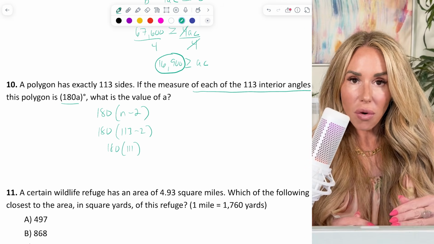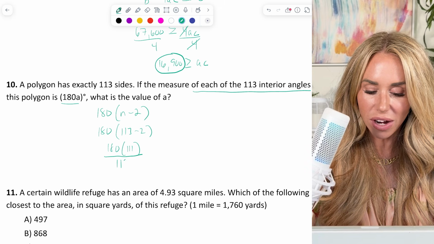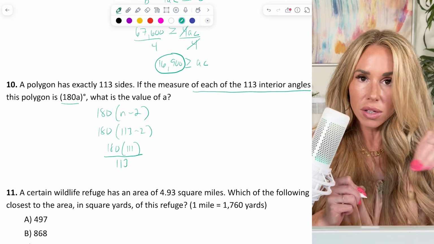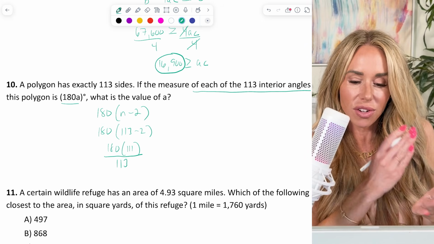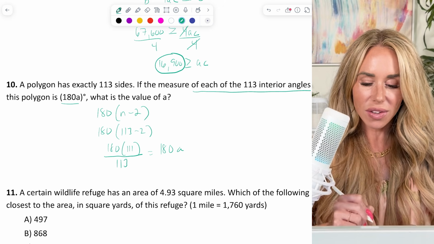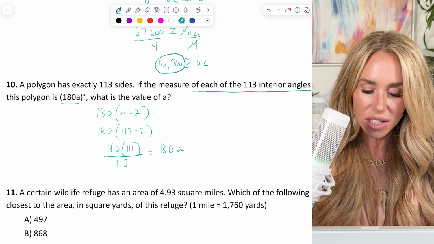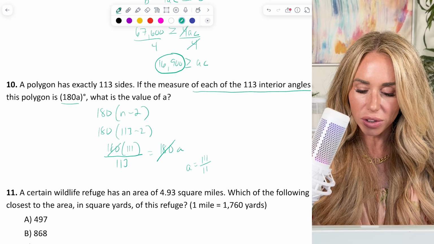So that's for the whole thing. We want just one of the 113 angles. So I'm going to divide the total degrees by 113 to see what each angle is. And I'll set that equal to 180A so that I can solve. Well, you can easily see the 180s cancel, and A equals 111 over 113.